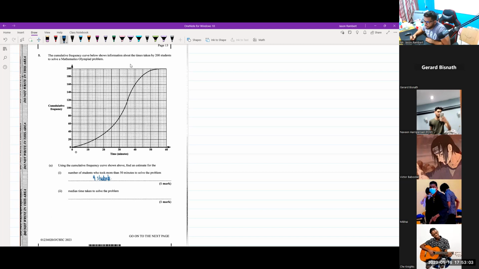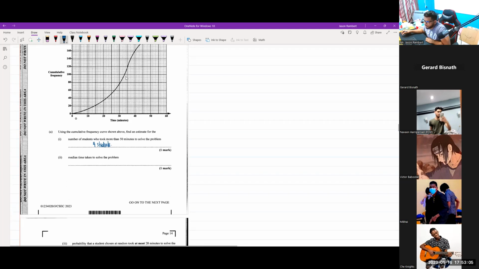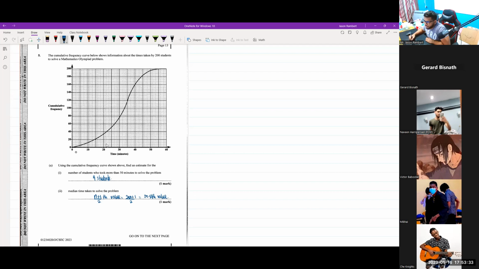The median time taken to solve the problem. So the median is the n plus 1 over 2th value, which is 200 plus 1 over 2, which is 101 over 2, which is 50.5. So the 50.5th time is going to be an estimate.